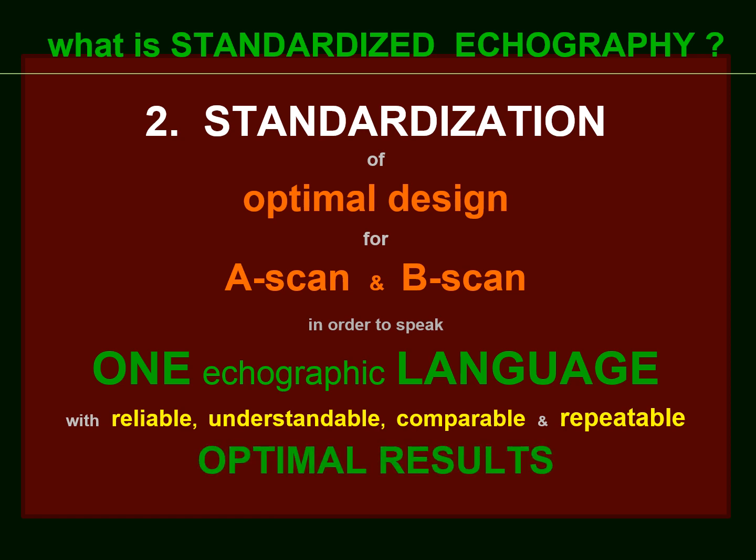That's extremely important. It doesn't depend on the instrument, it doesn't depend on the probes, what the result is. And so we obtain reliable, understandable, comparable, and repeatable results that in addition are optimal. That's standardization.